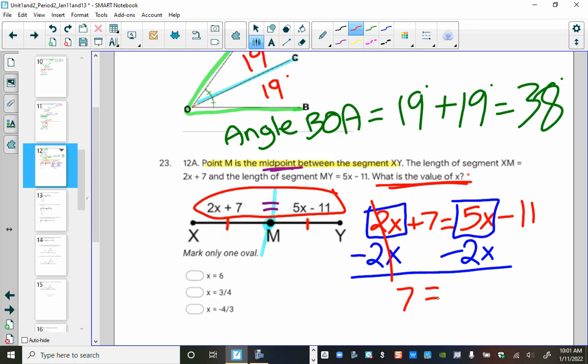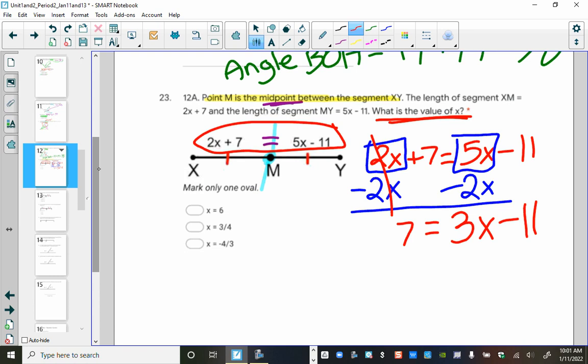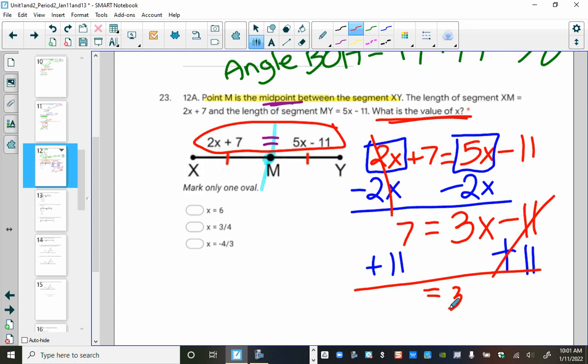5x minus 2x is? What's 5 minus 2? And then what's our next step? Plus 11, good. What's 7 plus 11? 18.